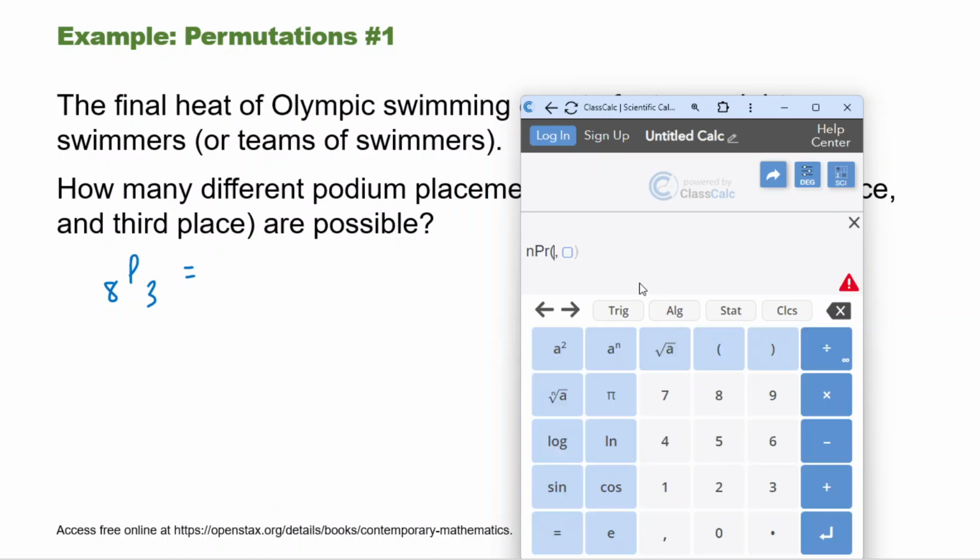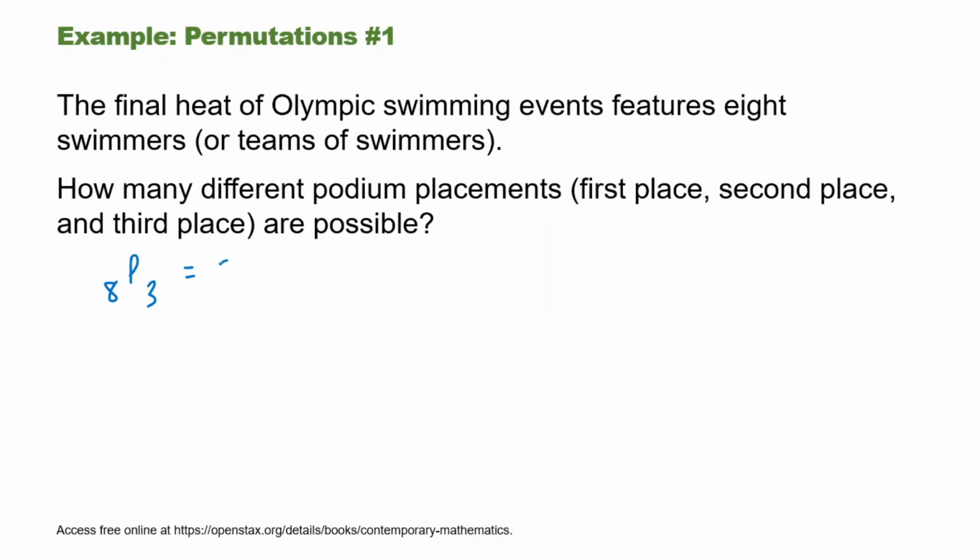NPR, I will choose that. And then I'm going to end up inputting NPR, and then in the parentheses, 8, 3. And this outputs 336. So 8 teams chosen 3 at a time, where the order matters, there are 336 different podium placements that could occur.